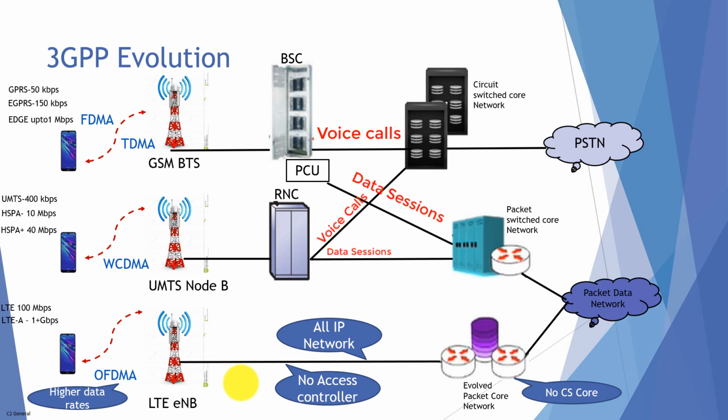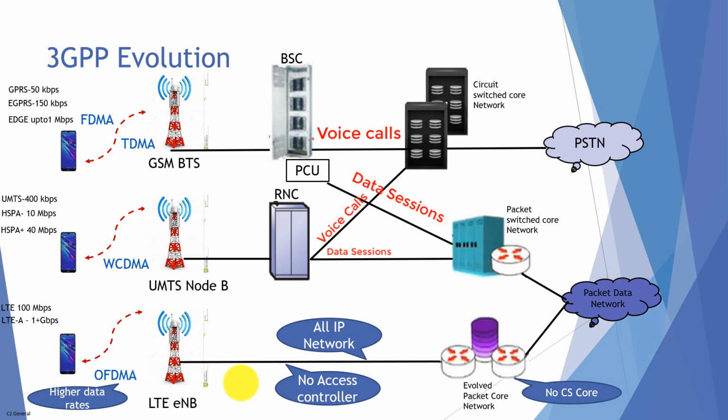Again, the differences are in the access network. Here we use the E node B, which replaces the RNC and node B in the 3G, and PCU, BSC and BTS in the 2G networks. Also in the air interface technique, we use OFDMA instead of wideband CDMA or FDMA-TDMA in the 2G networks.